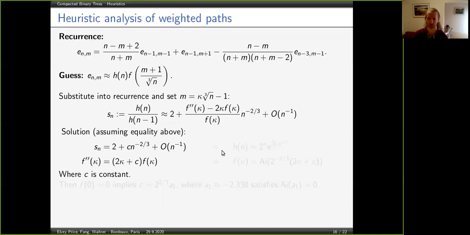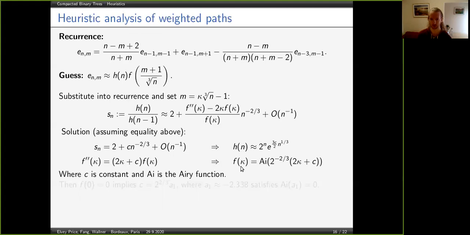And so the first of these gives us directly the asymptotic form of h_n by this definition of s_n, and this is exactly the differential equation for the Airy function, shifted to some extent. But okay, so we can already see this stretched exponential appearing.